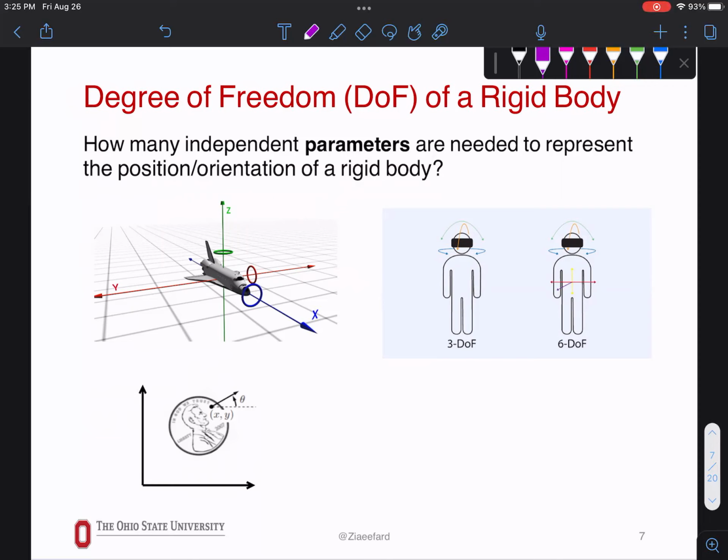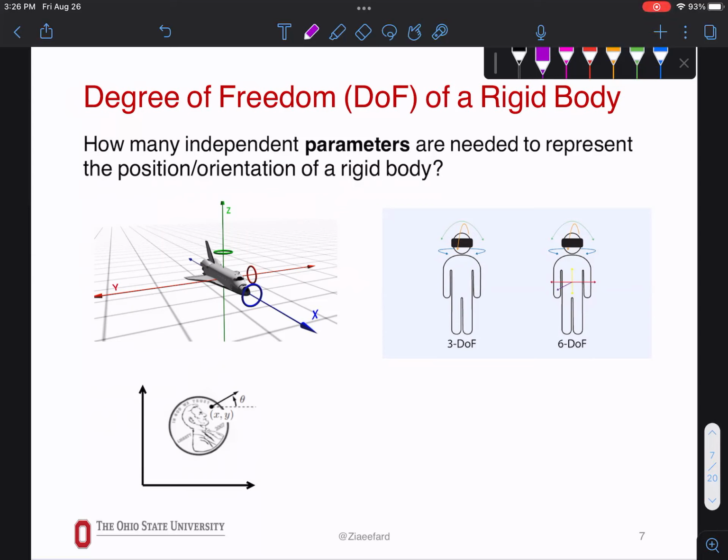When we talk about degree of freedom of a rigid body, we are talking about an object that is suspended in 3D space. That's our assumption, and we go from there. Now, for an airplane, how many degrees of freedom can you see? How many ways can it move independent of the other directions, to represent where this thing is?